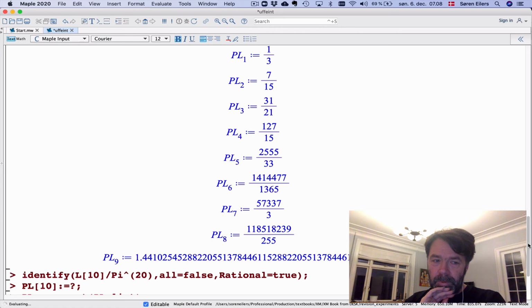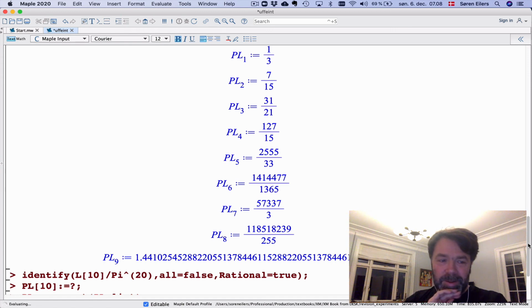So that's the thing with this kind of analysis. It is pretty slow, so you're going to have to sit and wait like you're doing now.